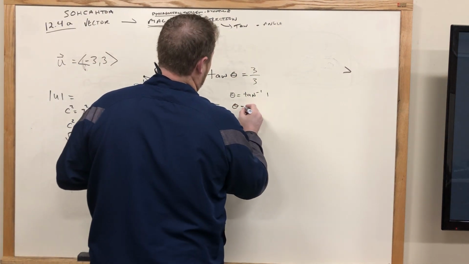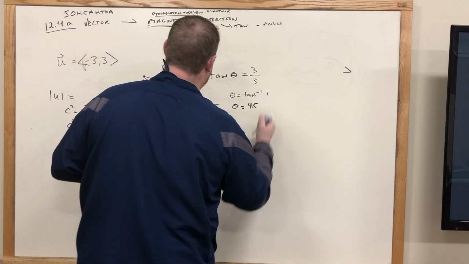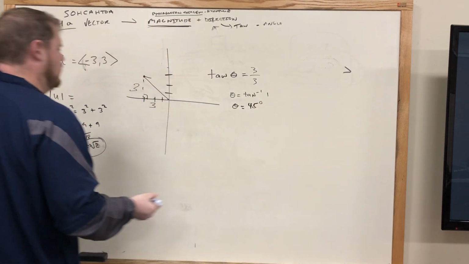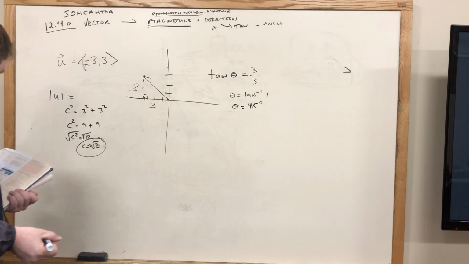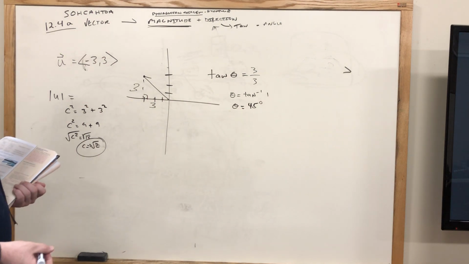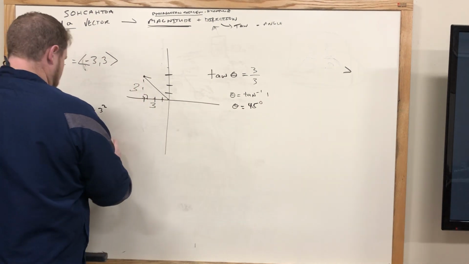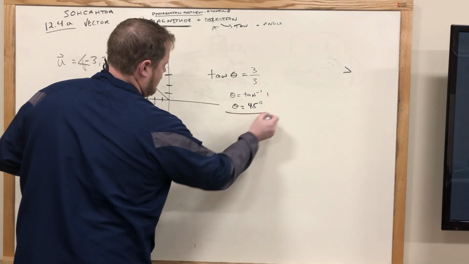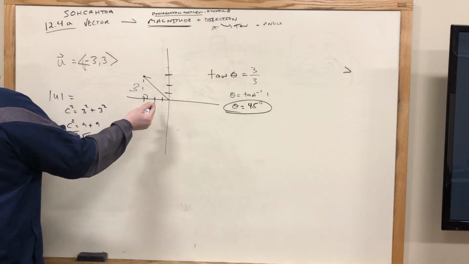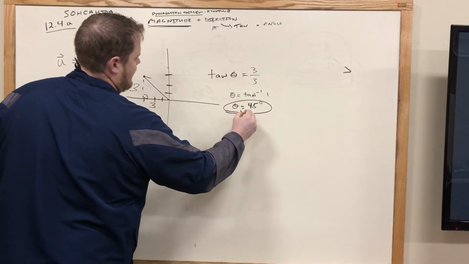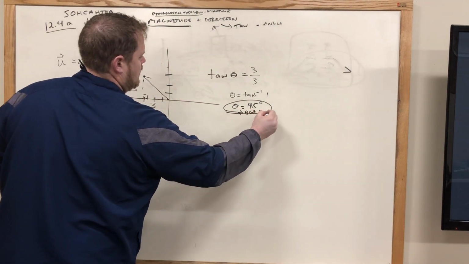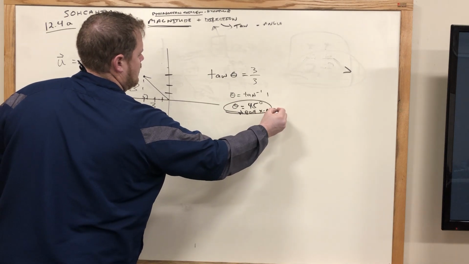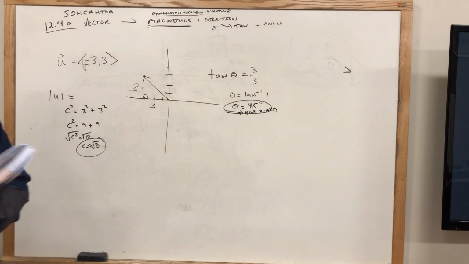We have this memorized, right? 45. So which direction? It is above the x-axis, 45 degrees. So our magnitude is 3 times the square root of 2, and our direction is 45 degrees above the x-axis. Okay? All right, any questions?